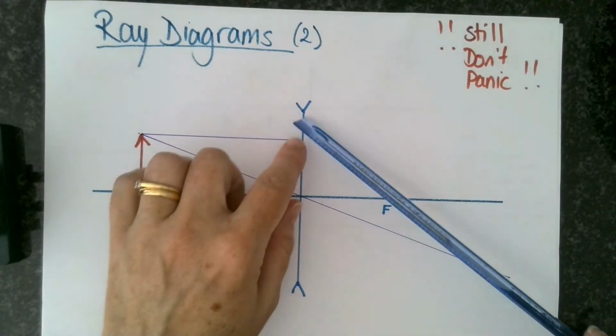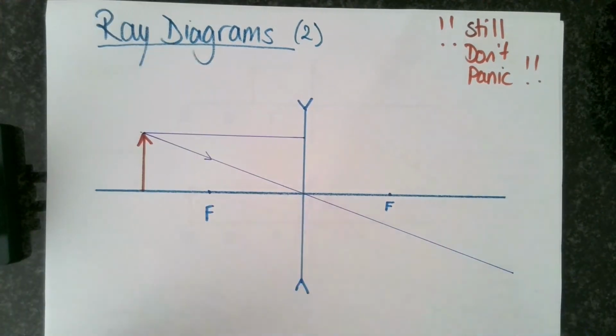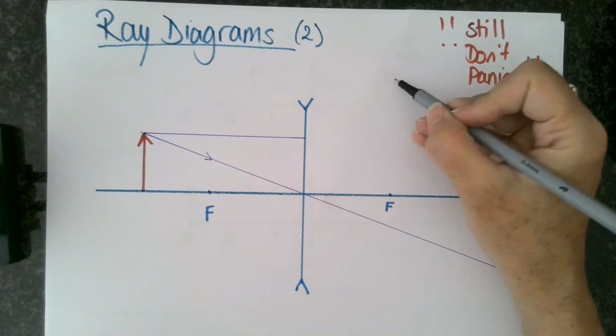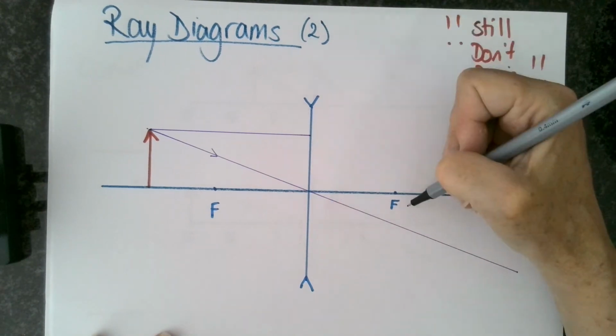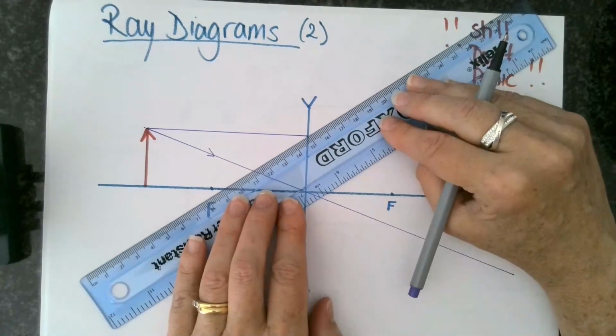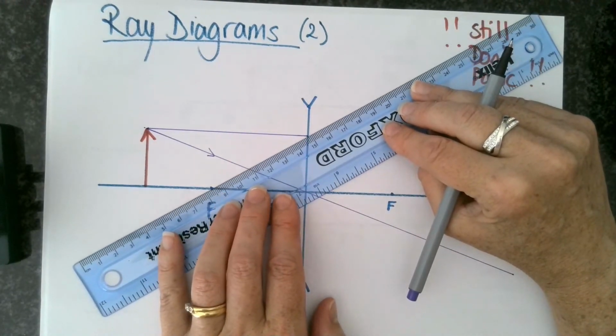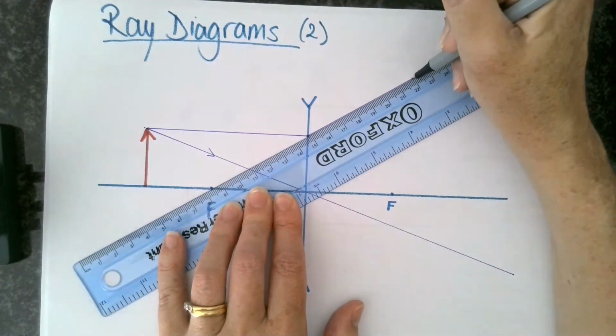Because it's a diverging lens, and use the shape of the arrow there to remind you, this ray is going to spread out like that. It's not going to be focused into the focal point, it's going to spread out. And it's as if it came from the focal point. So we can put that there and draw our ray.